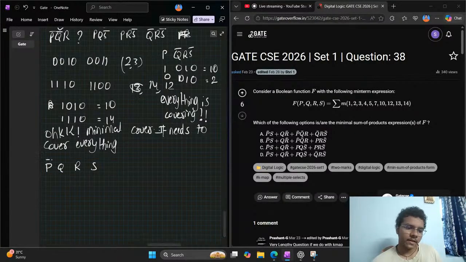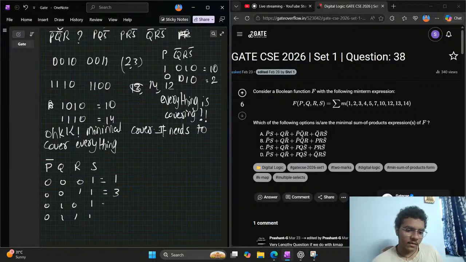So you have these things fixed, P bar and S. So that is going to be 0, and that is going to be 1: 0 0 0 1, 0 0 1 1, 0 1 0 1, 0 1 1 1. So that is 1, that is 3, that is 5, and that is 7.